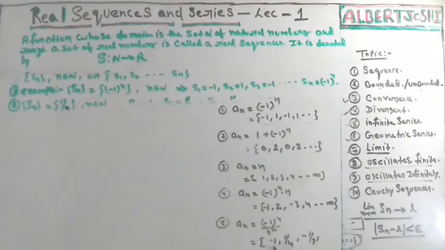If you put 4, then 1 upon 16, and so on. You can see there are an infinite number of points. But if you keep increasing the value, then the overall value converges to 0. So at last you will get 0.